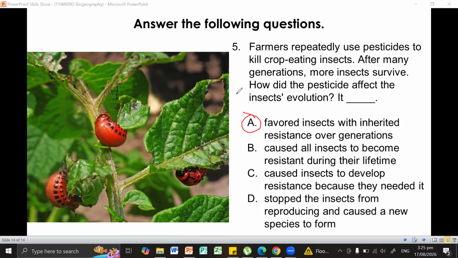As a consequence, their succeeding offspring will also, assuming it's a dominant trait, assume that type of trait, which is resistance when it comes to pesticides. Okay, the answer is letter A.